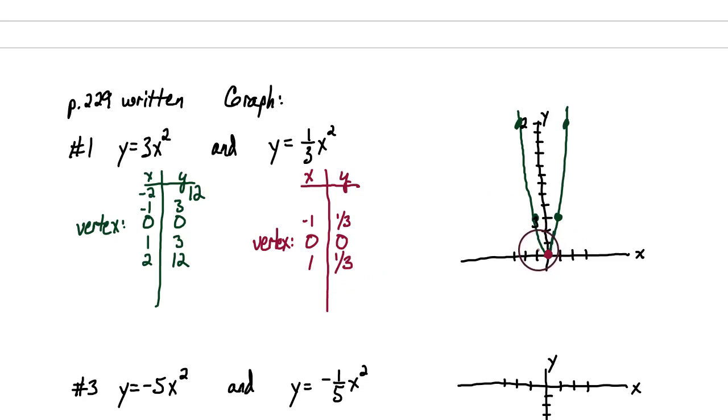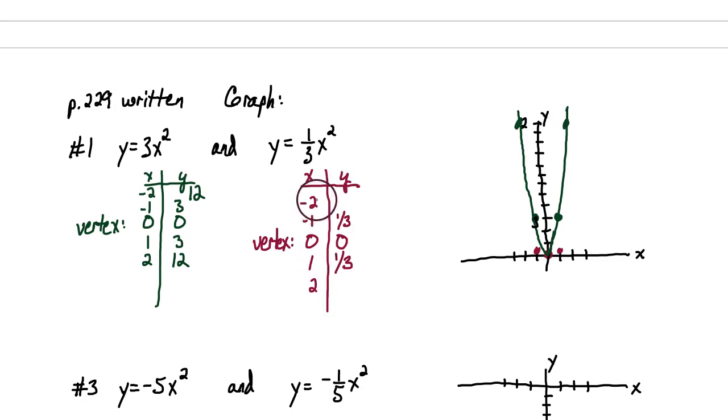So -1, 1/3 is up a tiny bit, and +1, 1/3 is also up just a little bit above the x-axis. Now let's choose another x value that's 1 unit to the left of -1. That'd be -2. And let's choose an x value 1 unit to the right from +1. That would be +2.